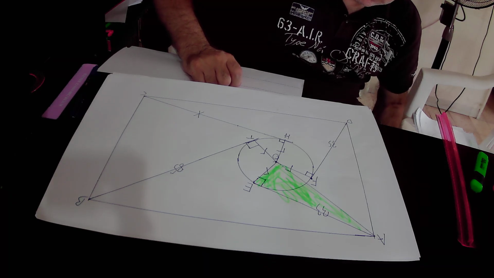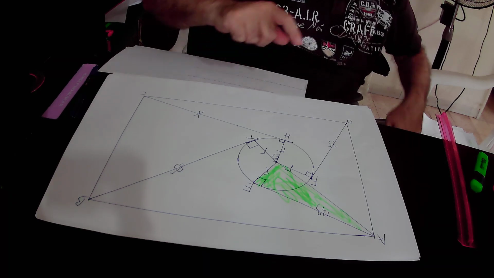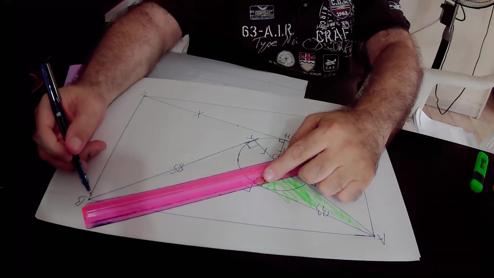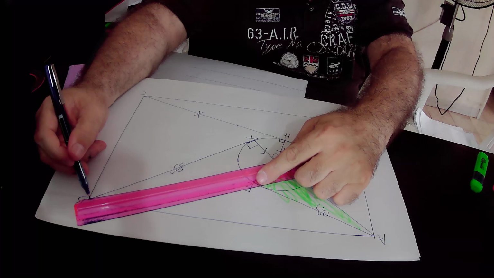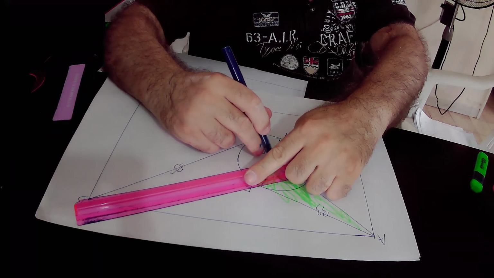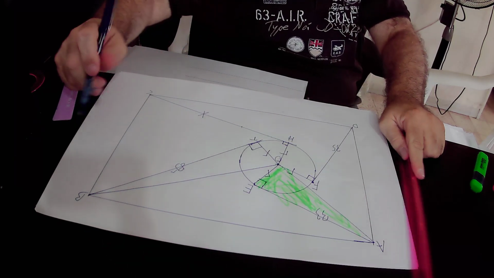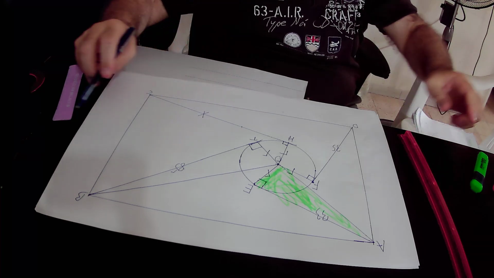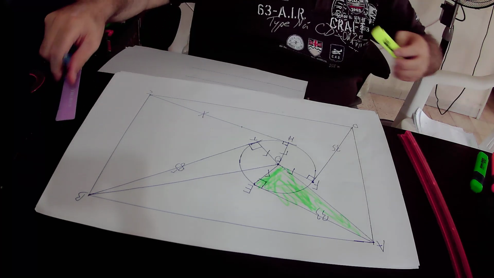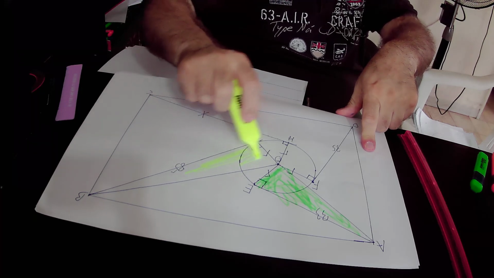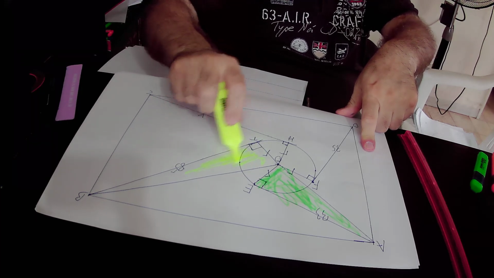In the next step, we'll join points O and B together by a straight line. So we created here the right triangle TOB. We will implement the Pythagoras theorem on the right yellow triangle TOB.